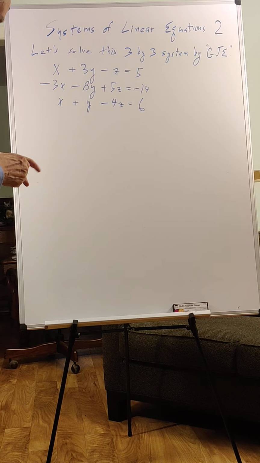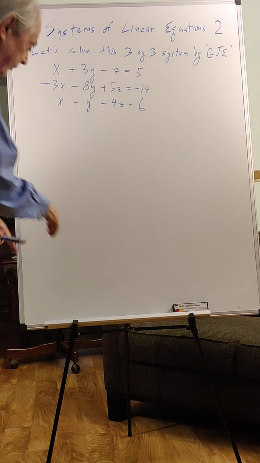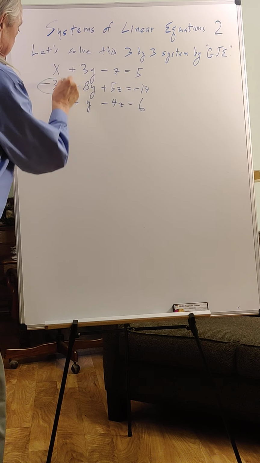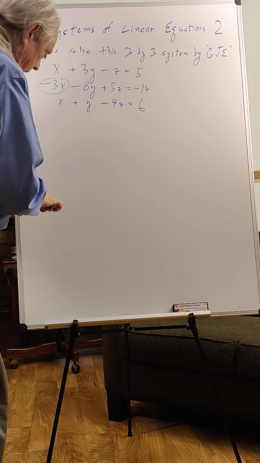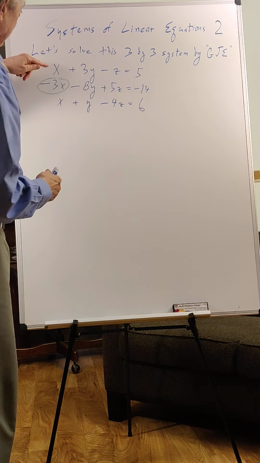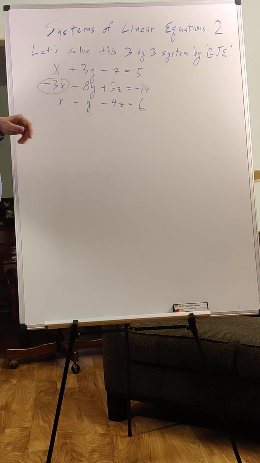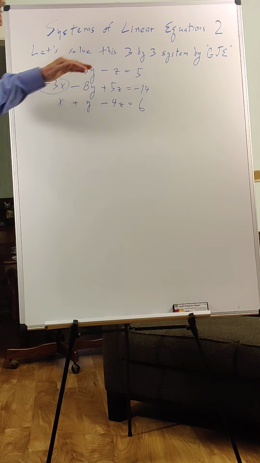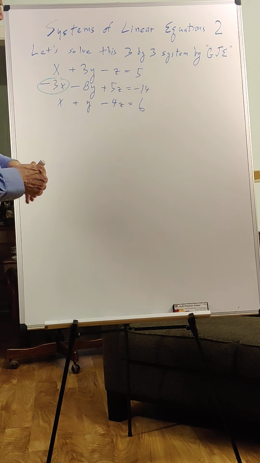All right, so we're going to begin by eliminating this term. And we're going to use the top equation to get rid of it. Now, what would we add to negative 3x to get 0? Isn't it true that if we add 3x to negative 3x, we get 0? But we don't have 3x. So we're going to triple this equation and then add it to this one.